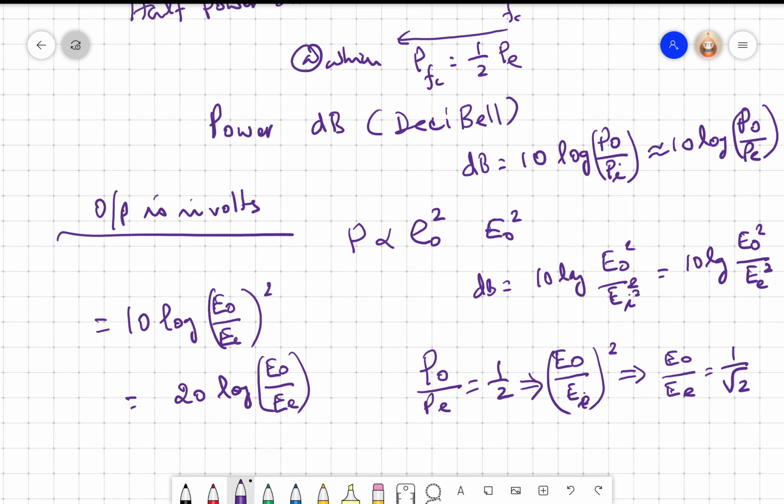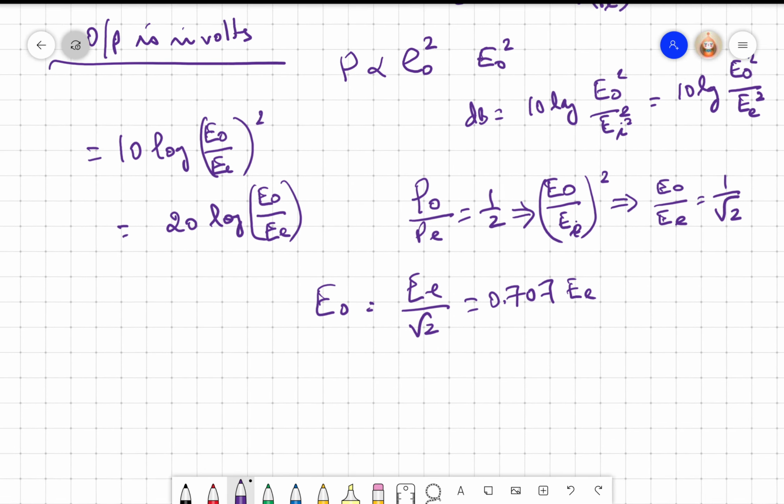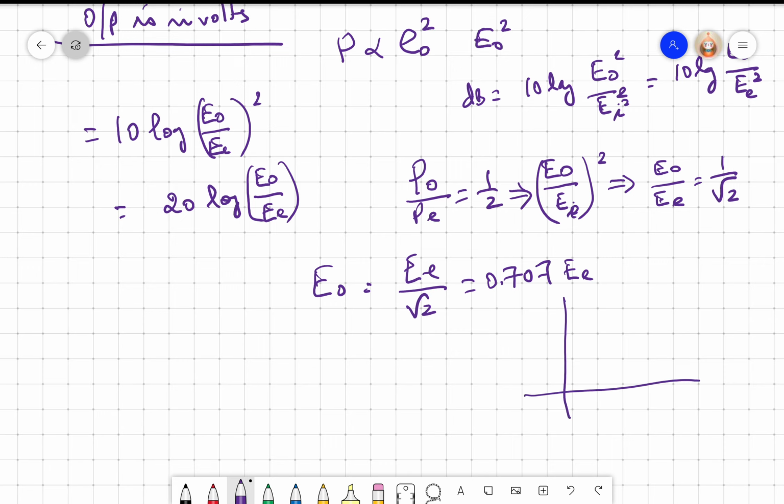That leads to E naught equal to E expected by root 2, which is 0.707 times E expected. So if I now look at the characteristics, let's say this is my output characteristics E naught, where E input is constant. I'm not changing the magnitude of the input amplitude.